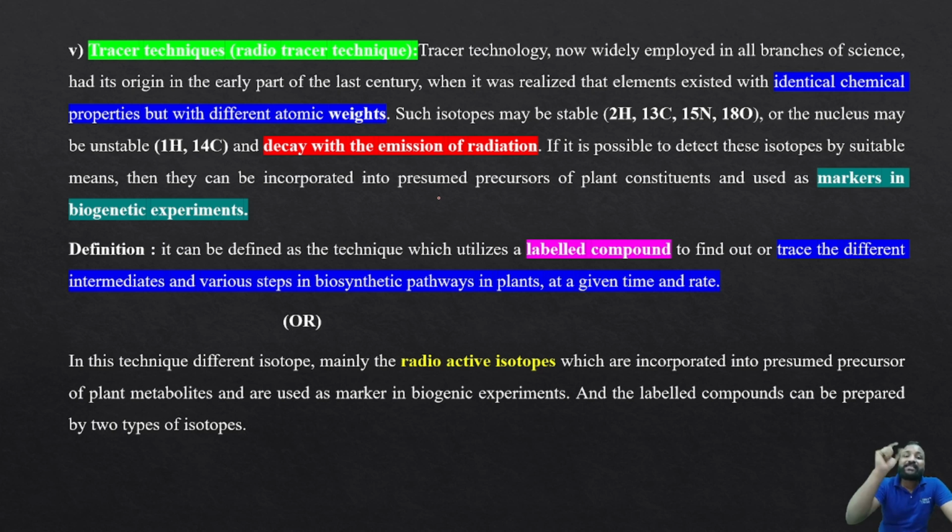Like that, this radioactive isotope is also incorporated inside the stem or root or leaf or seed. Like the pacemaker, it stays inside the plant structure, and it will capture how the pathway was carried out and what the intermediates are.